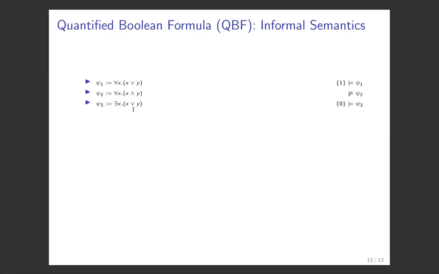I've shown just one instance. In this case, there is another instance as well. Even when you choose Y to be 0, it is satisfiable. Of course, if you choose Y equal to 1, it's also satisfiable, correct? So there are more satisfying instances for this formula.